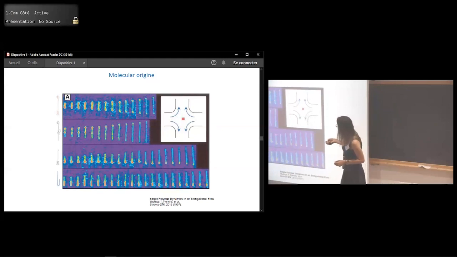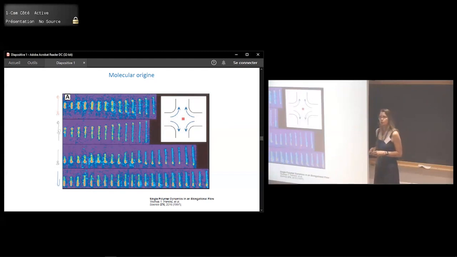You can get many different shapes. Here you can see it's stretched in the middle and a little bit coiled still on the side, or it can remain coiled on one side and only be stretched on the other side. So there are very, very interesting dynamics of single DNA molecules under flow. Okay, so with this I will stop and conclude my rheology part, unless you have some questions on that.